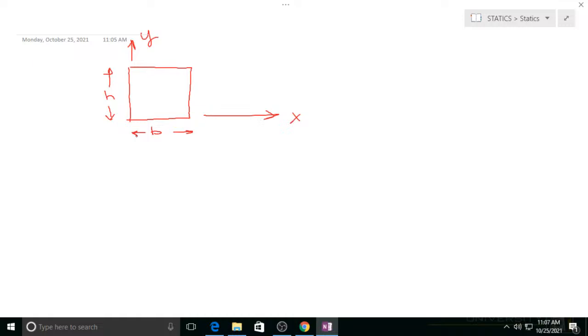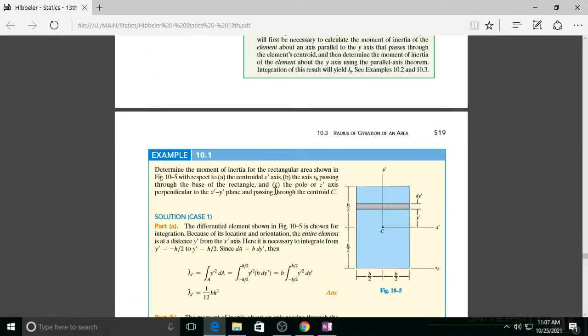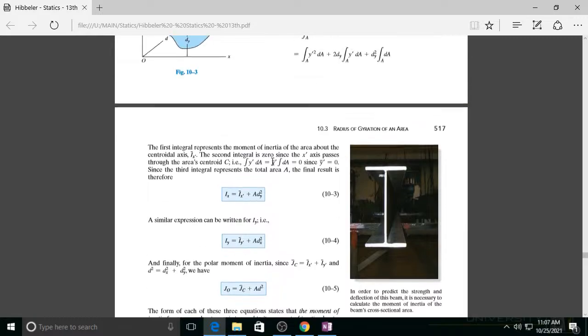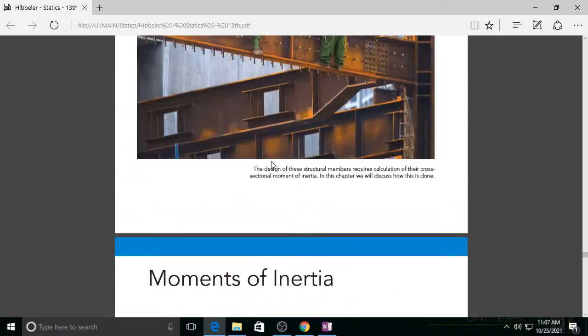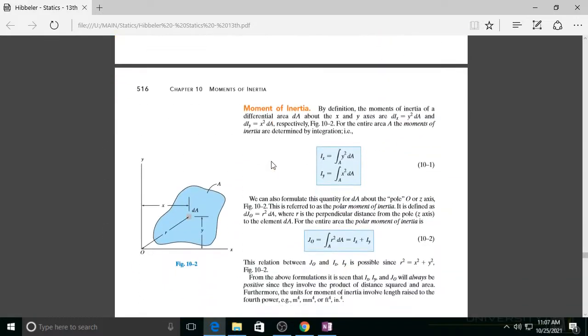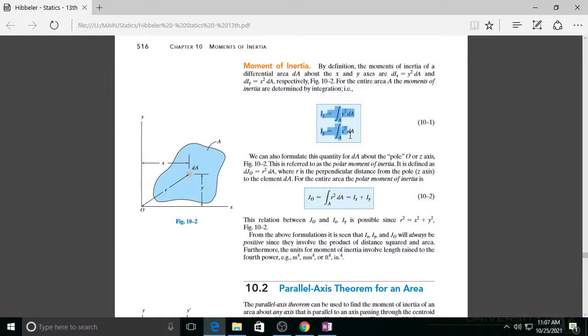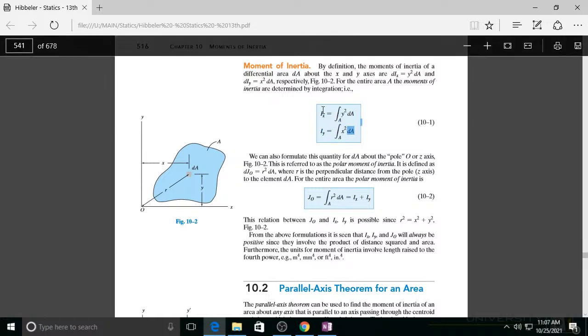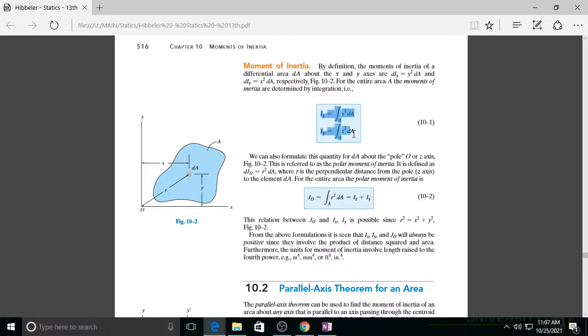So in the book, which I believe, which one of these was it? There it is. So in the book, he defines these two terms, which are important for mechanics of materials a lot later, very important.